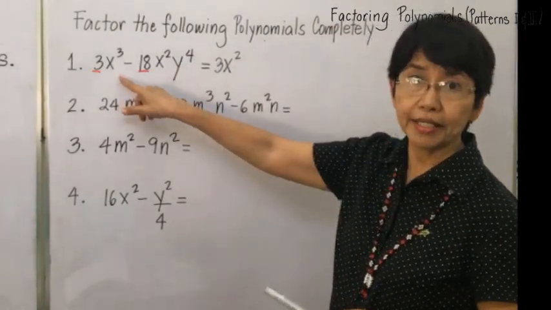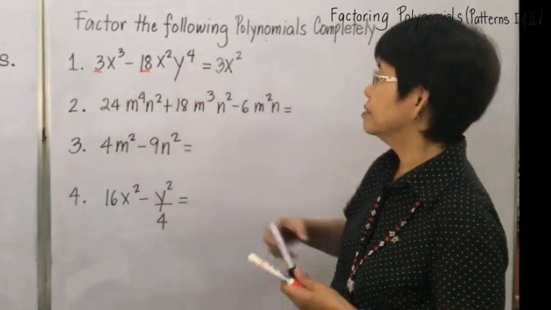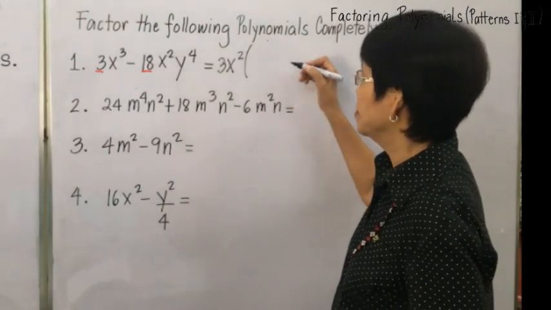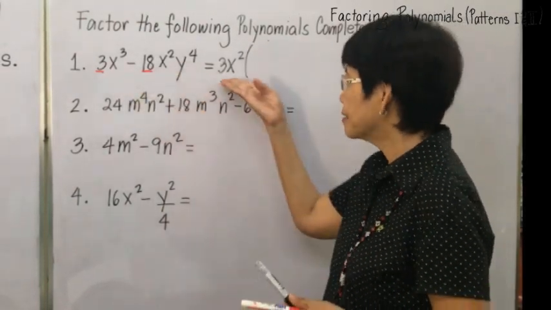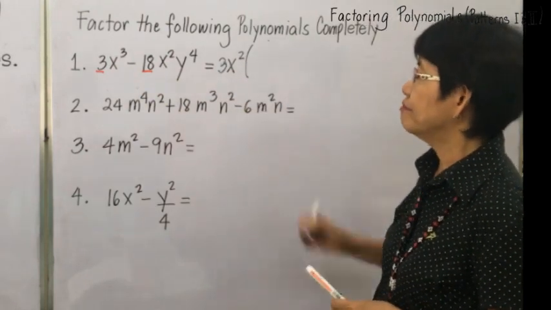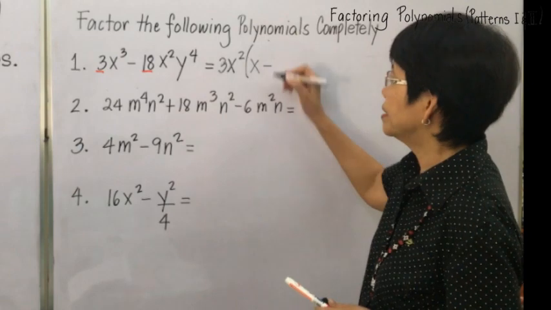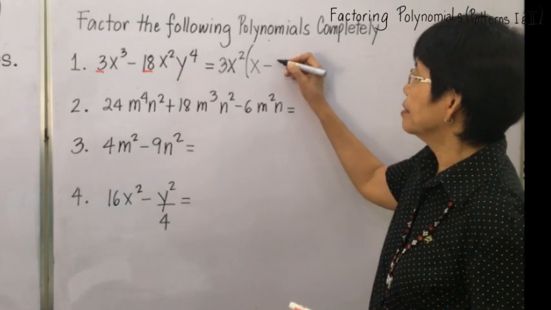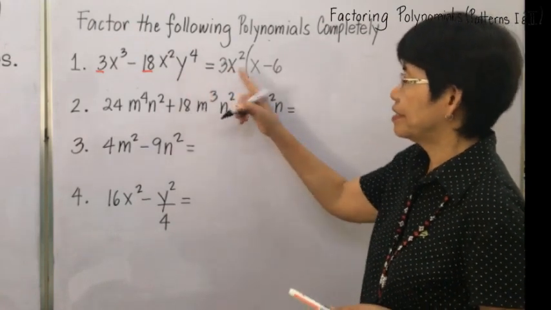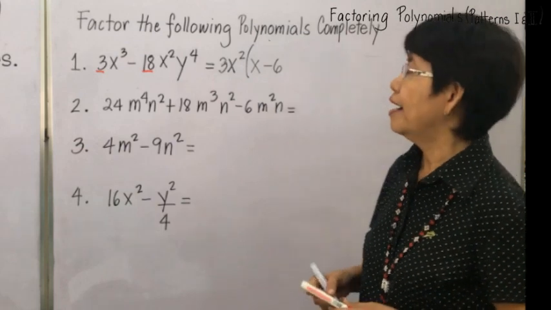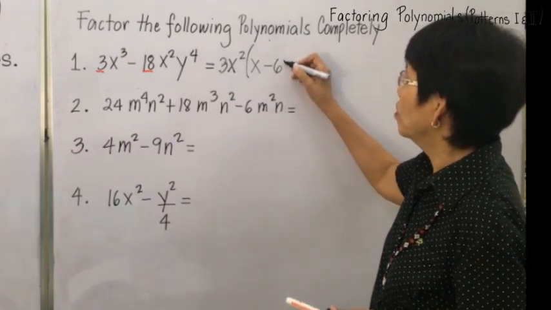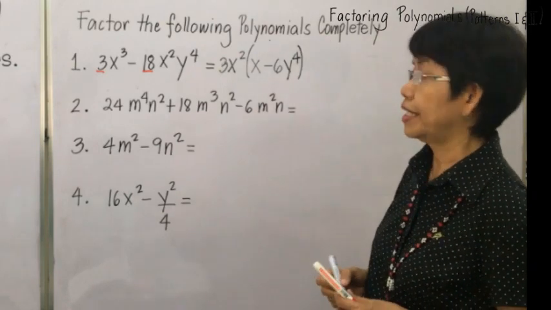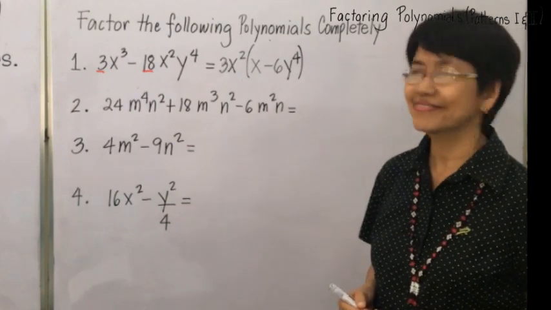Since there is no y here, it's not a common factor. So this is your common monomial factor. And then the next factor is you divide this by 3x squared. So you have x minus negative 18 divided by 3 is negative 6. x squared divided by x squared, that cancels. And you have y to the 4th. Okay, that's the answer.